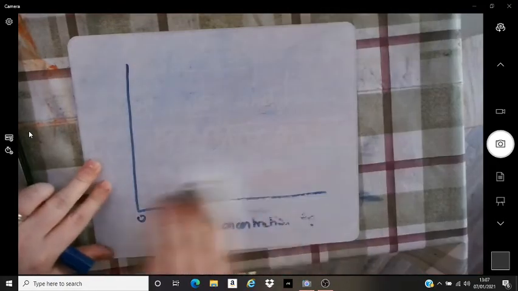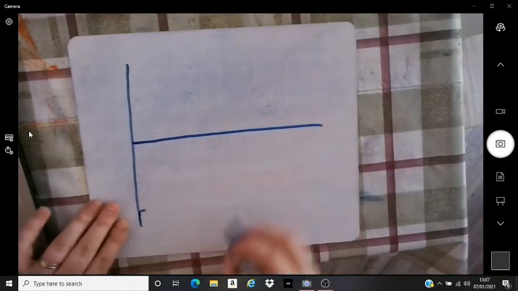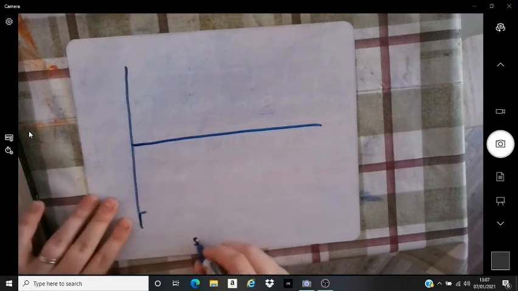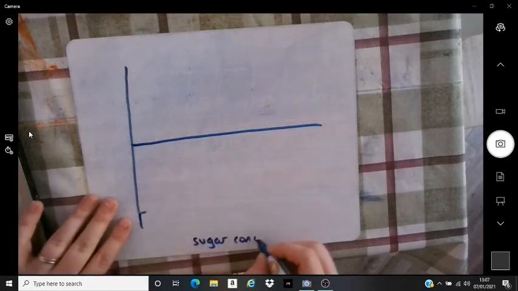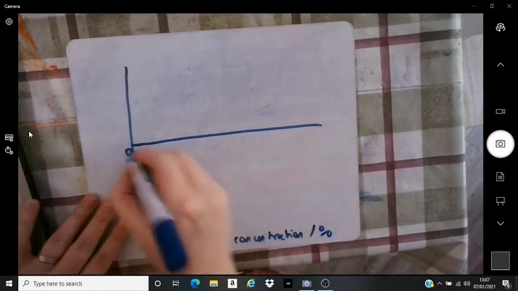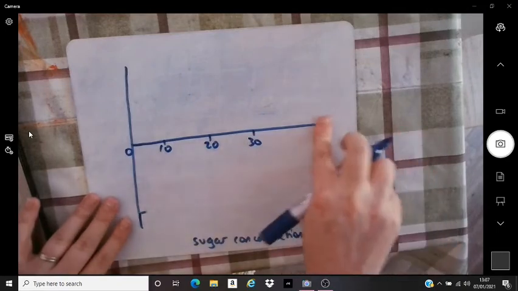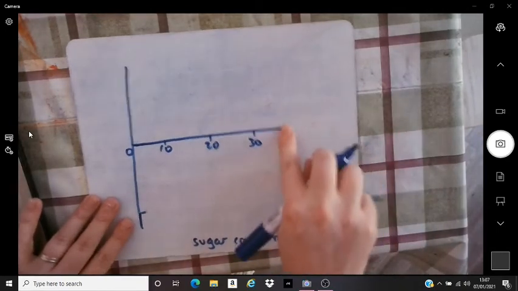And actually, bear with me, I'm going to do this differently. Let's put the x-axis in the middle. So it's still sugar concentration in percentage, and I've still got 0, 10, 20 and 30.